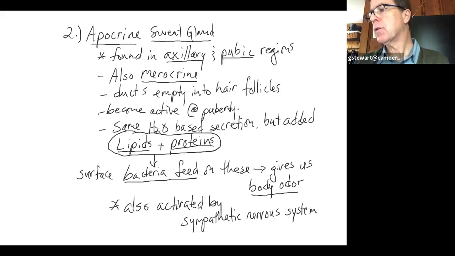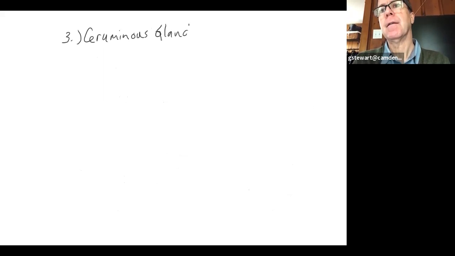Right, I'm going to quickly run through the last two types of glands. They're not going to be this in depth. I'm just going to mention them. So number 3 are ceruminous glands. They're basically modified apocrine glands.